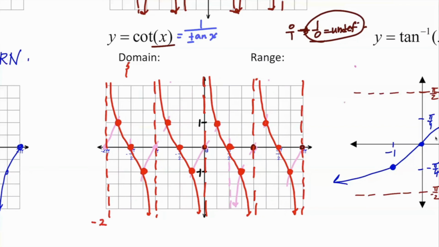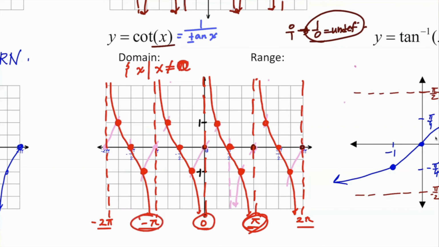It's going to skip every asymptote. The first asymptote that you see, let's go with pi, so all real numbers except pi. If you want to say 0, that's fine, or if you want to say -pi, that's fine too.